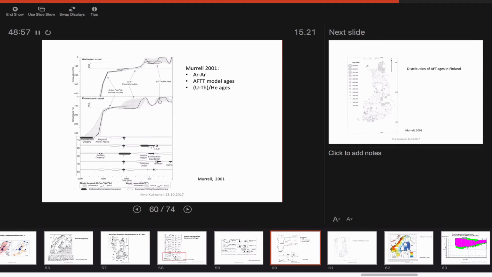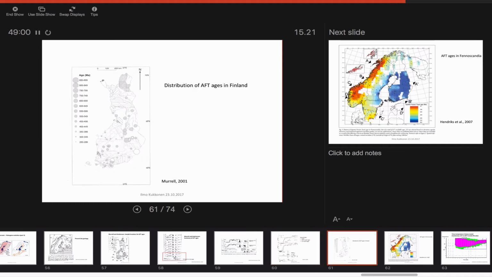I forgot to copy that picture, but the idea is that here you have a fission track age, and here you would have depth.